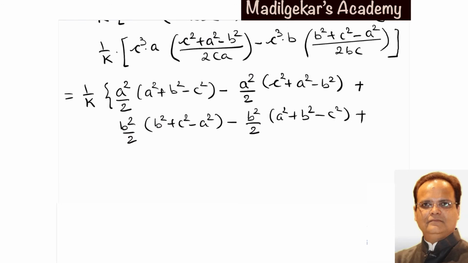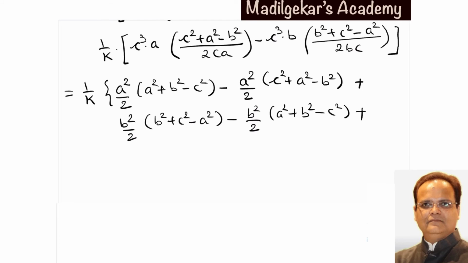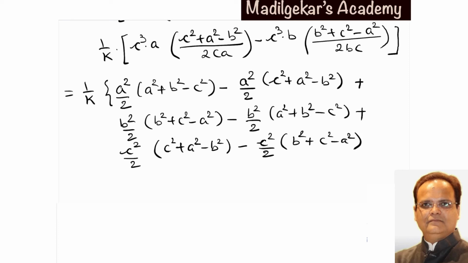From the third term, we have c square upon 2 into c square plus a square minus b square, c square upon 2 into b square plus c square minus a square. So it is 1 upon 2k, multiply this bracket by a square, again this bracket by a square, and so on.